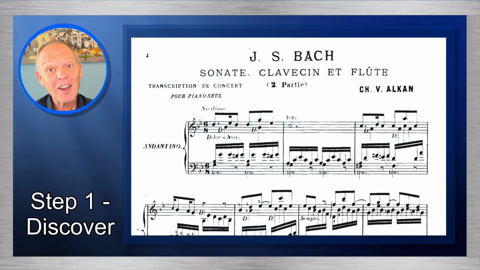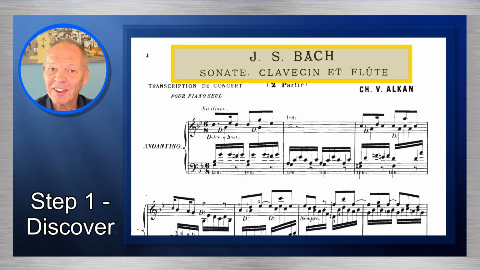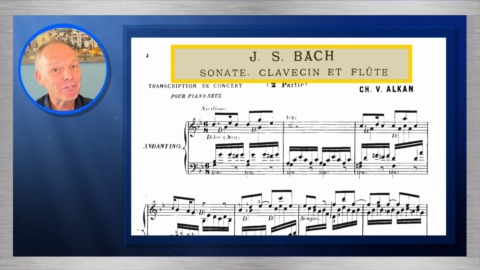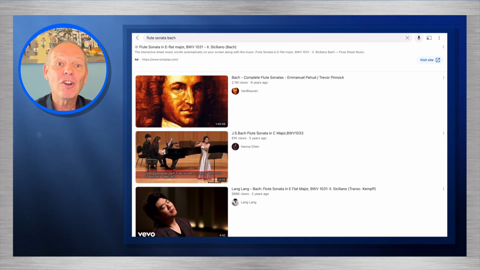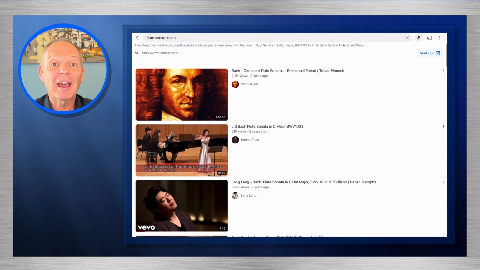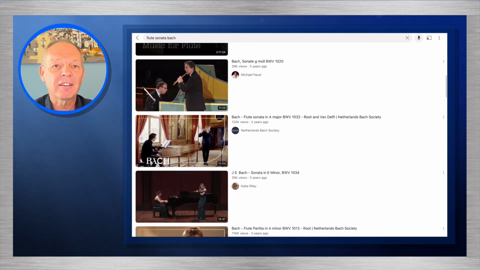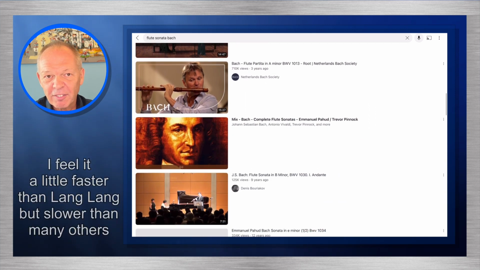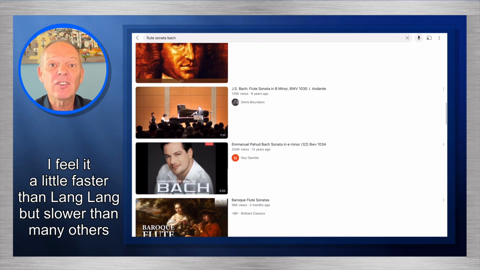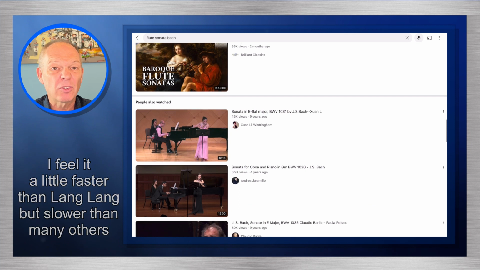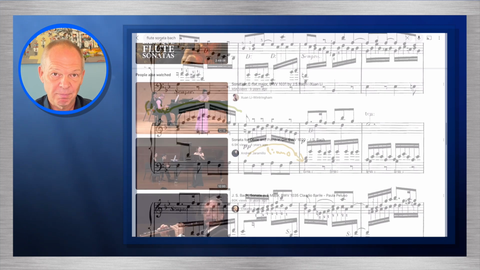Given that this started life as a flute sonata, then in fact it makes sense to first familiarise ourselves with the original. You'll find lots of versions on YouTube, as you might guess, and as you'll see, interpretations vary enormously. There are a wide variety of tempi, and the articulations in both the solo and accompaniments change frequently.